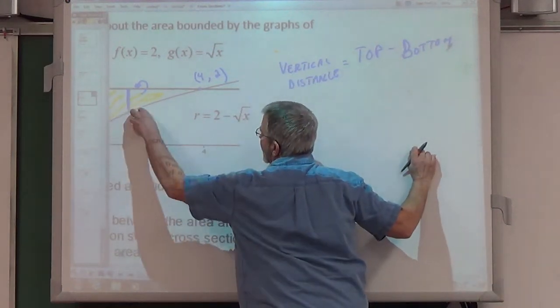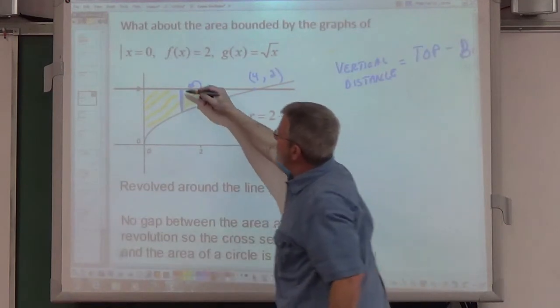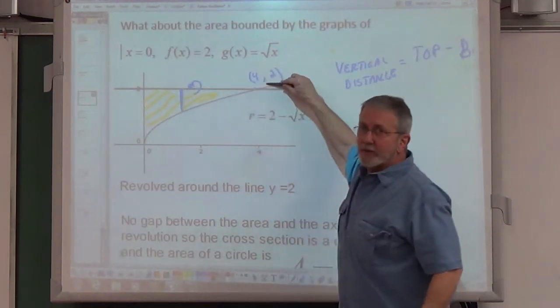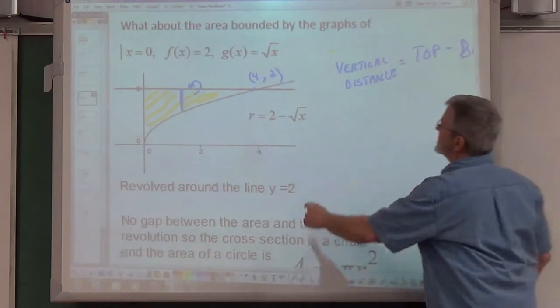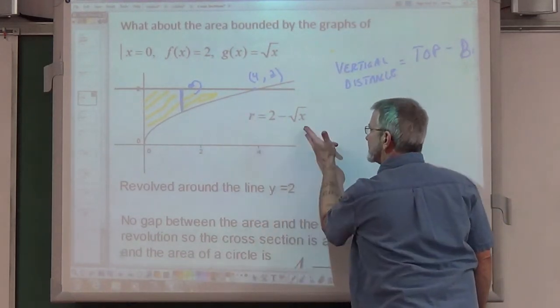Top, take away bottom, that's the vertical distance. And in this case, that's going to be our r, because we're studying the center of rotation. So the vertical distance is going to be top, which is 2, minus the bottom, which is square root of x, so this is r.